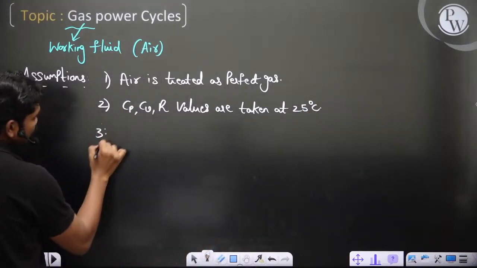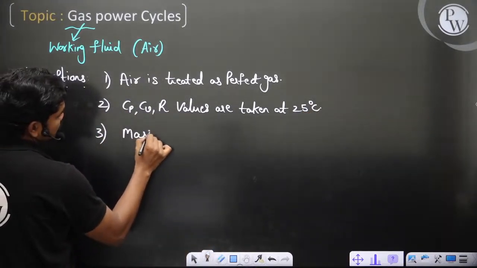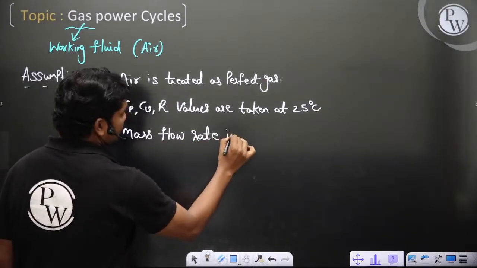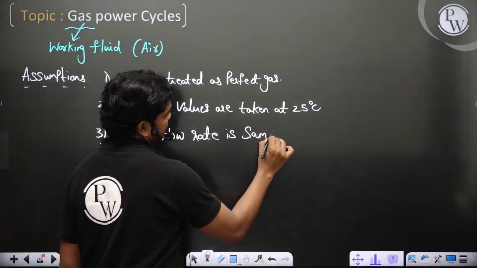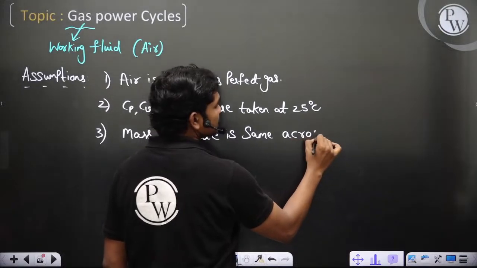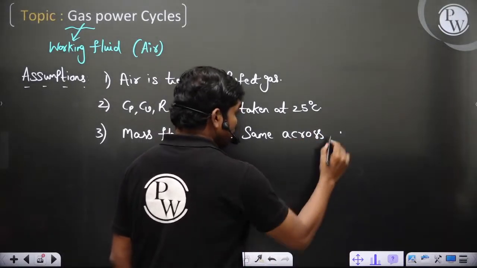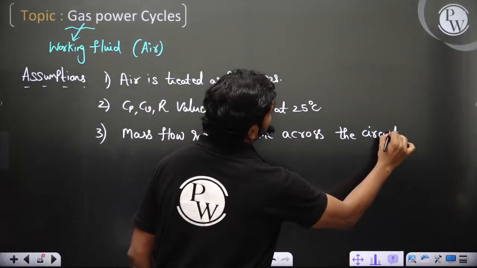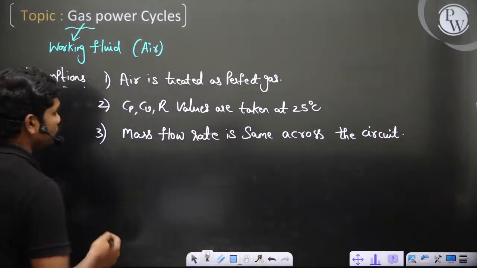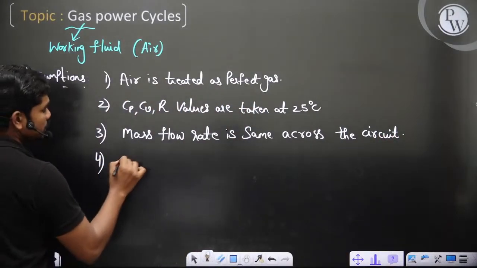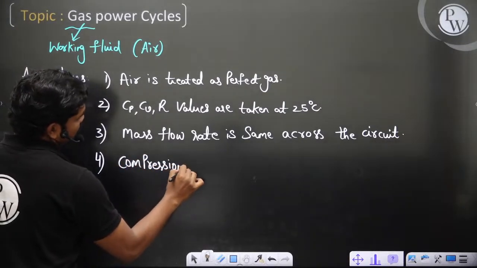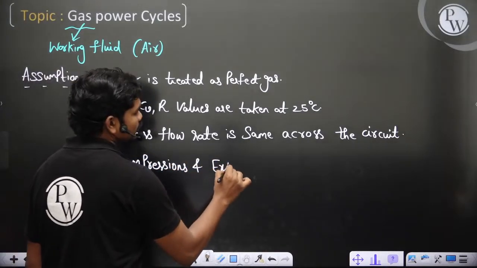Then in case of open flow devices, mass flow rate is the same across all devices, across the circuit, meaning nothing like mass is leaking out. Then compressions and expansions are isentropic in the ideal case.